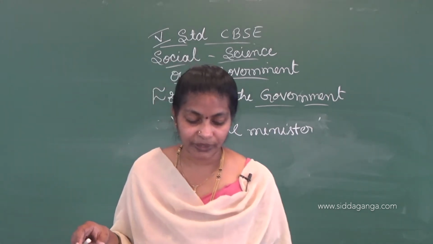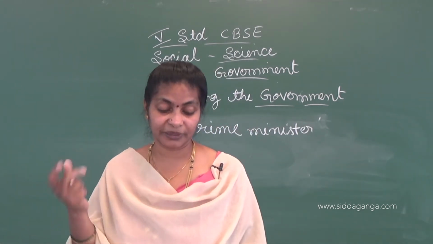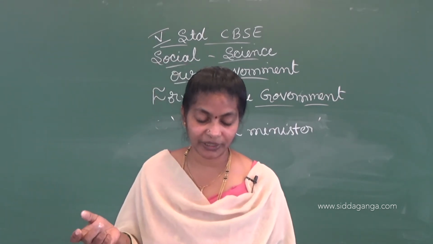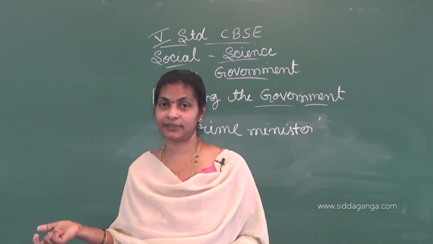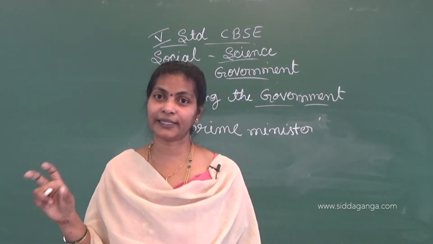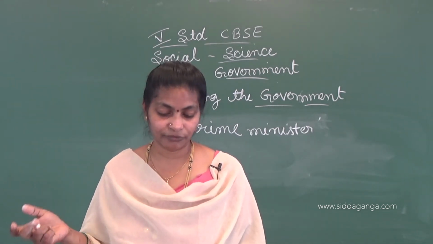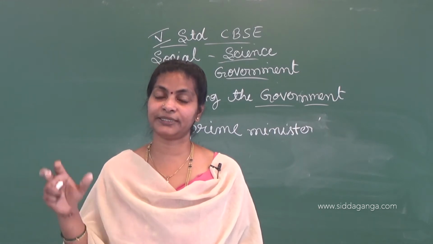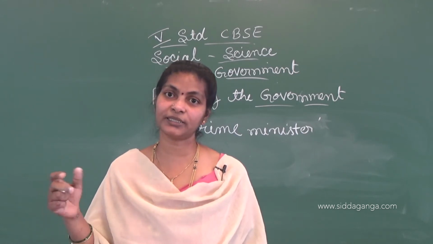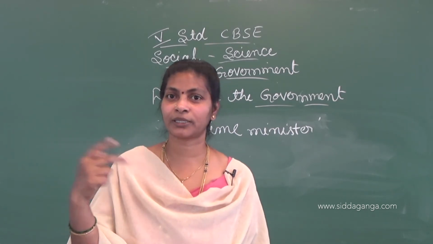Next, the ministers in the union cabinet may be members of either the Lok Sabha or the Rajya Sabha. After the prime minister was appointed, he suggests the names of the ministers, who may become members of the Lok Sabha or the Rajya Sabha.